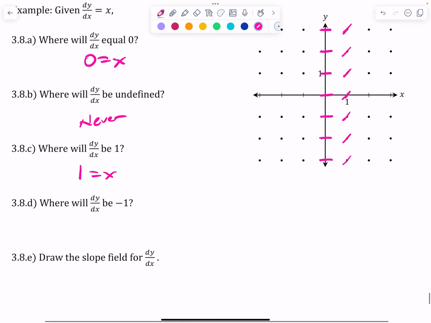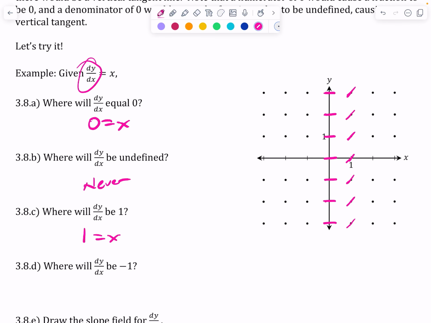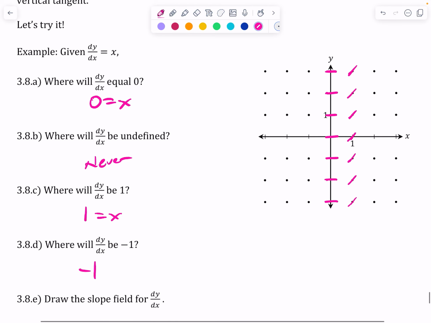Where will dy/dx be negative 1? Again, just replacing dy/dx with negative 1, it's whenever negative 1 is equal to x. So along the line x equals negative 1, we can fill in slopes, just like that.